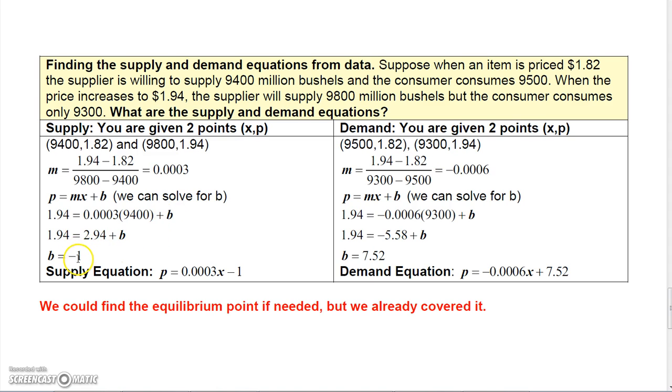And so once you have the slope and the y-intercept, you can get this supply equation. And on the demand equation, you do exactly the same thing, but you use the ordered pairs that you're given for demand. And then you get the demand equation. So that's how you find the supply and demand equation from given points.